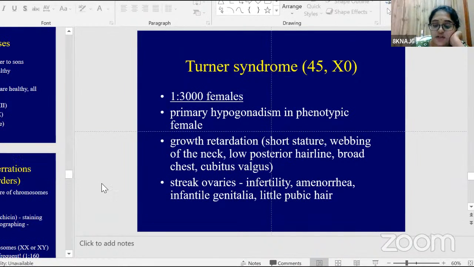So if A gives rise to B, gives rise to C, gives rise to D and E, and C gives rise to F and G. In creating product E from precursor A, you have intermediates B, C, D involved. At each step, you have enzymes 1, 2, 3, 4 present. So if there is an abnormal gene for enzyme number 3, then it gives rise to an abnormal D or lack of D altogether, and product E as well.